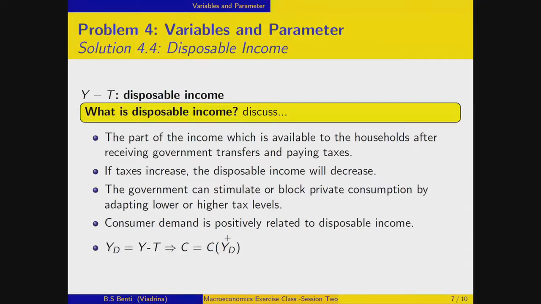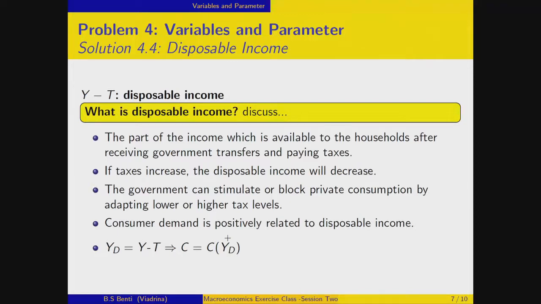There is an inverse relationship between tax and disposable income. If tax increases, then the income available to the households to be consumed would decrease. And if taxes decrease, then the disposable income available to households would increase.